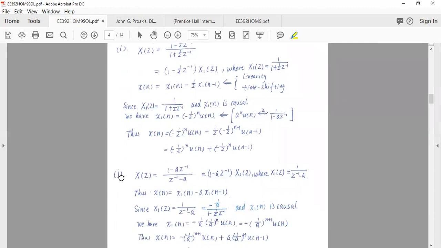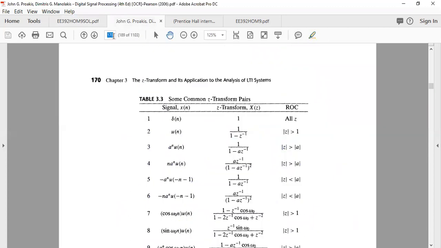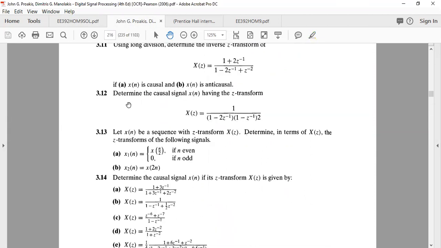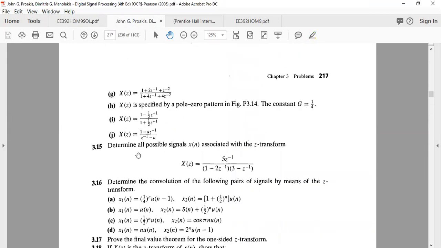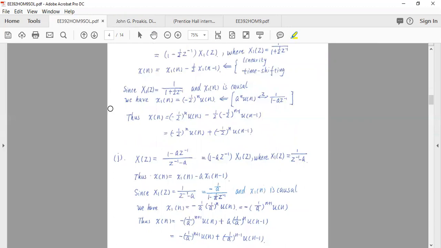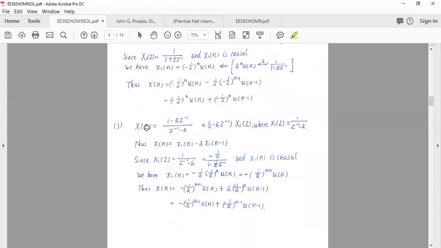Then for the next part, x of z is given as 1 minus a z to the power of negative 1 divided by z to the power of negative 1 minus a. This is the term that we are given over here. What you can do is, again, we can rewrite it.